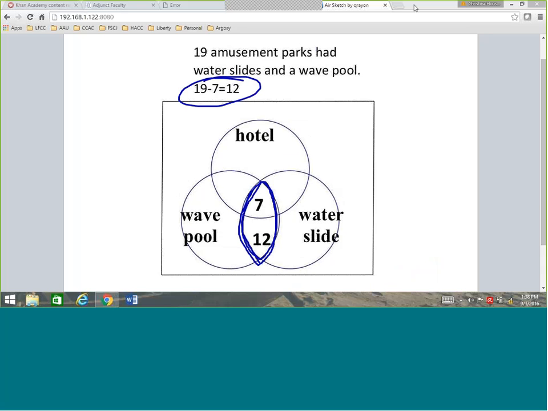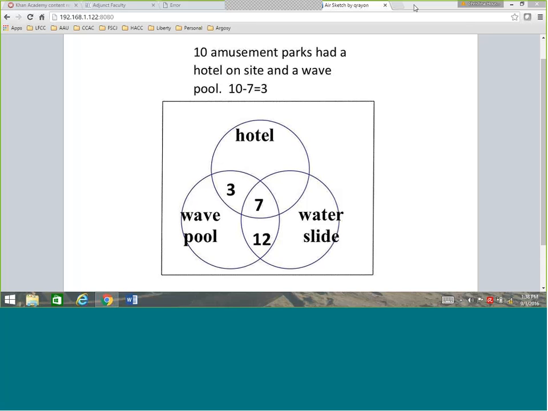So that's why I wrote a 12 in that region in the diagram. So 19 amusement parks have water slides and wave pools. So that means in the intersection, which is right there, I should have a total of 19, which I do. Now, a common mistake is to forget to subtract and put a 19 right here instead of a 12. So keep in mind you're going to be doing a lot of subtracting with putting the numbers into the diagram.